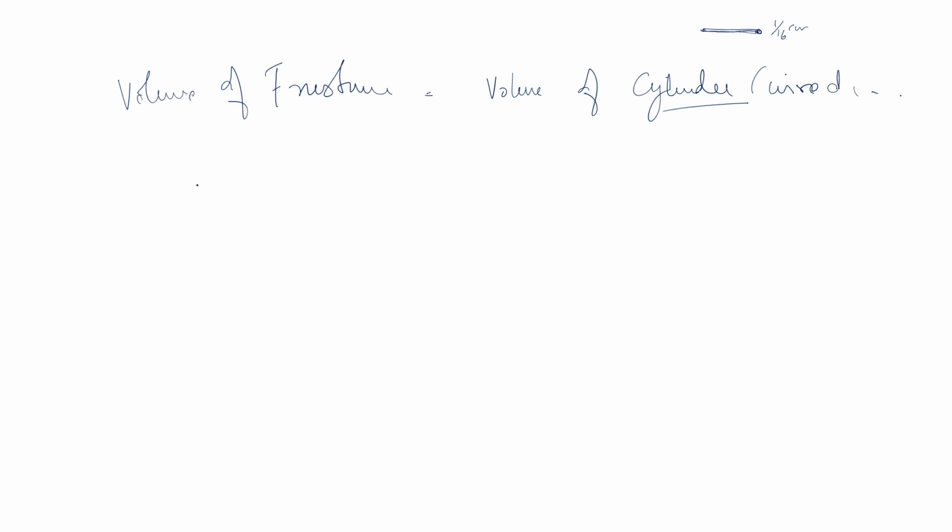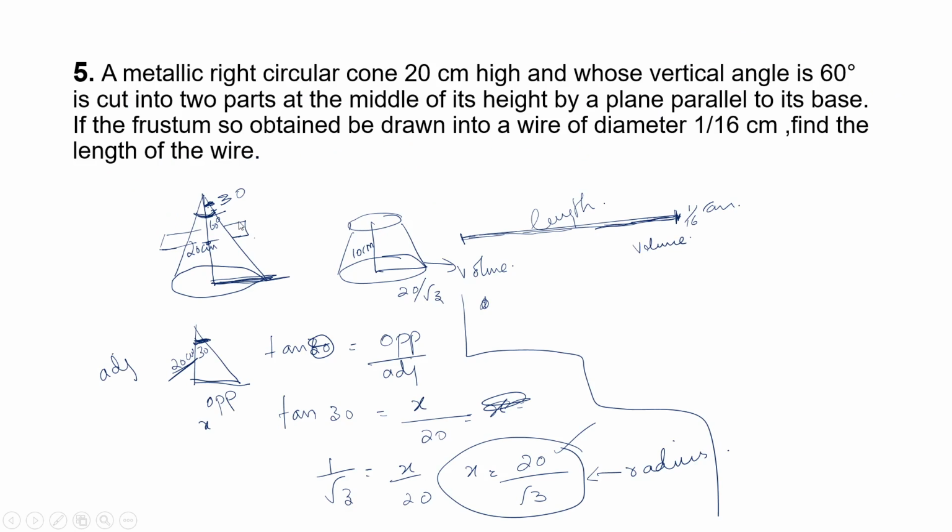Okay, so volume of the frustum is 1/3 pi h (r1 square plus r2 square plus r1 into r2). Volume of the cylinder is pi r square h. So just substitute, we can cancel pi on both sides. 1/3, what is h? 10, and then r square plus r square.